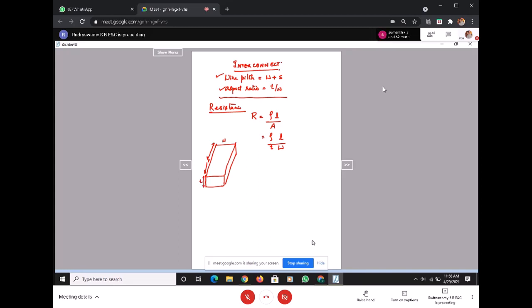The width into thickness is my area, and I have rho L by A. What do I call this rho by T? Rho is the resistivity.